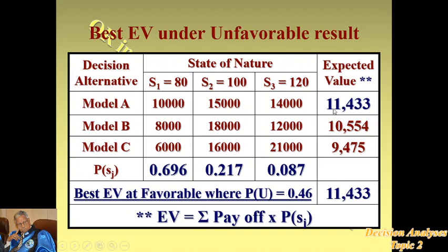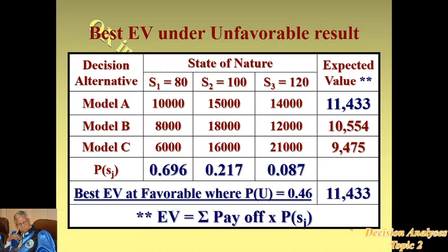The expected values will be 11,433, 10,554, 9,475. The best is 11,433 with probability 0.46.